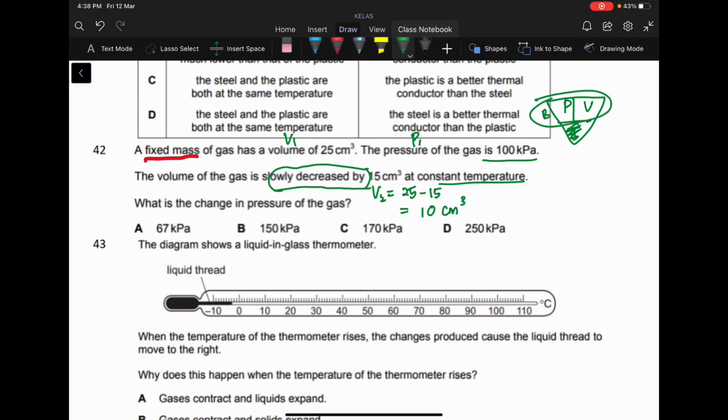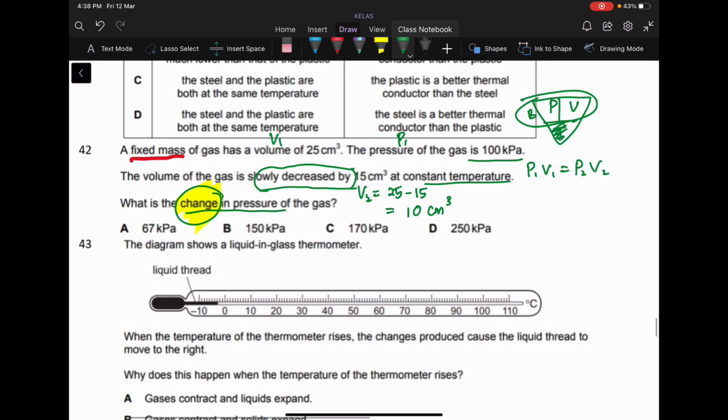P and V. Now, what is the change in pressure of the gas? The question wants the change in pressure, so remember it wants the change of pressure. Highlight this word. So what's the formula? We have P1 V1 again equals P2 V2.